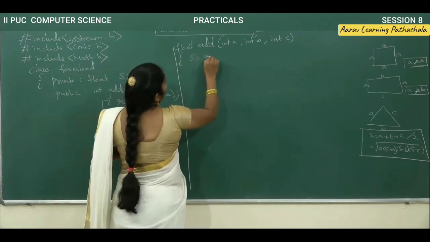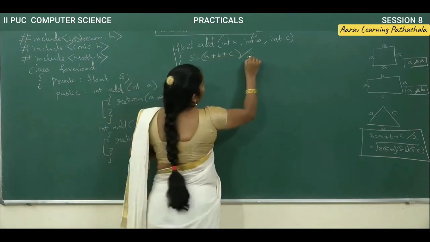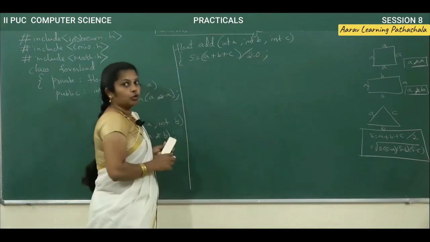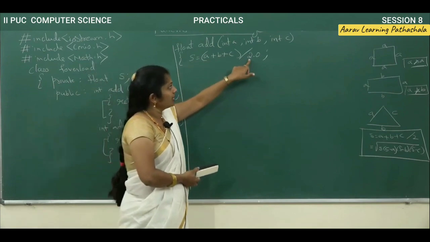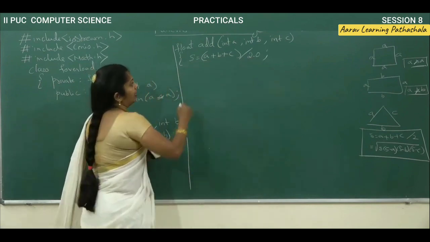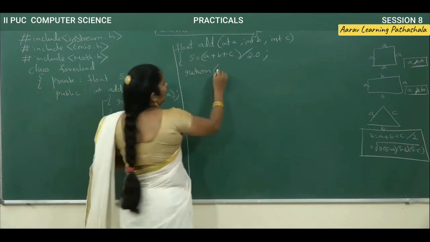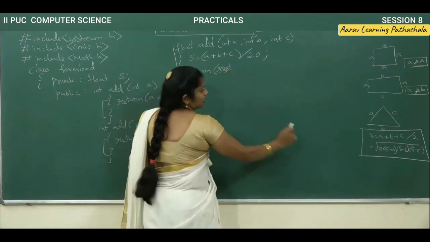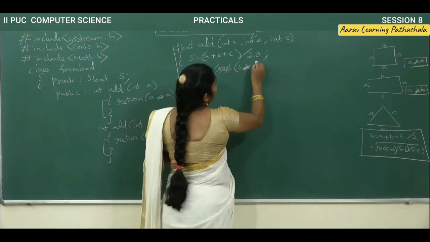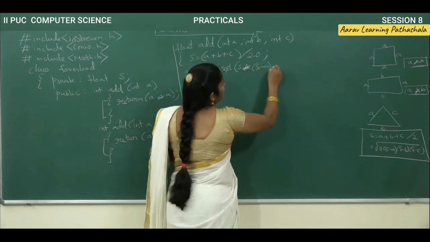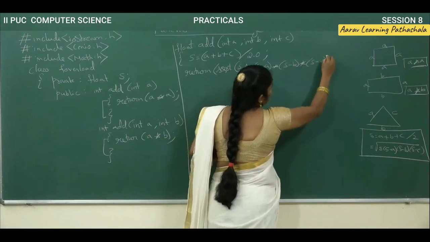S equals a plus b plus c whole thing divided by 2.0. 2.0 because the result we want to generate in float format. Then return the value. Open the bracket, sqrt, square root of s into s minus a into s minus b into s minus c.